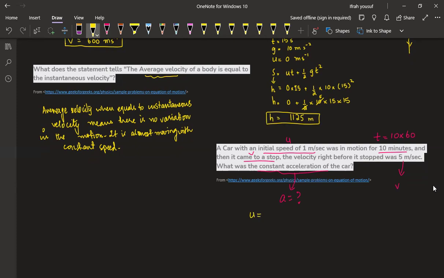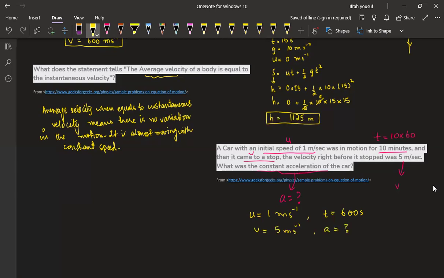U is 1 meter per second, and the time taken by the body to reach 5 meters per second is 600 seconds, right? Are you getting this? And finally, the body reaches 5 meters per second, and we have to find the acceleration.